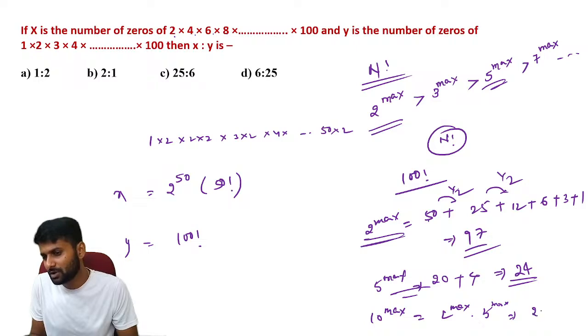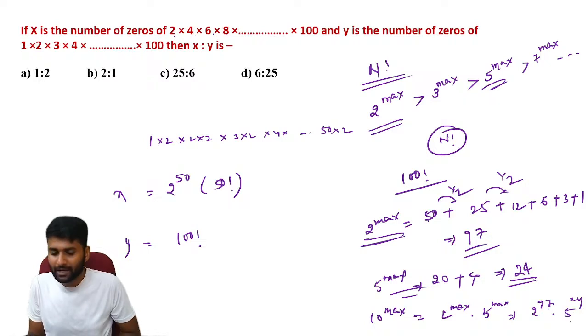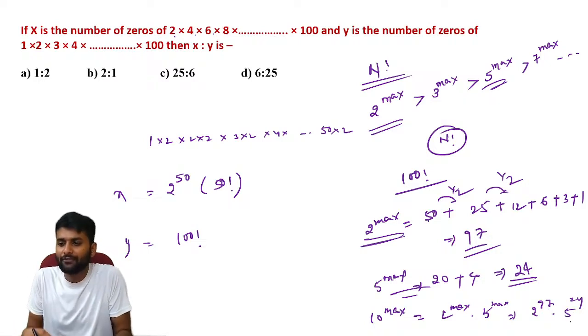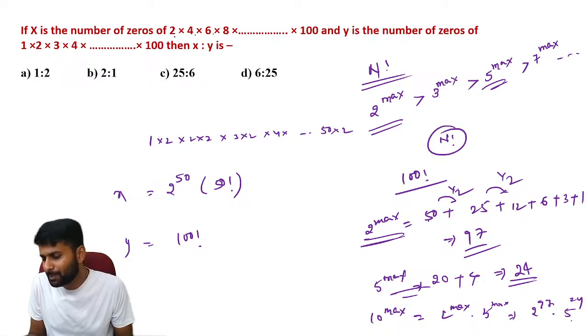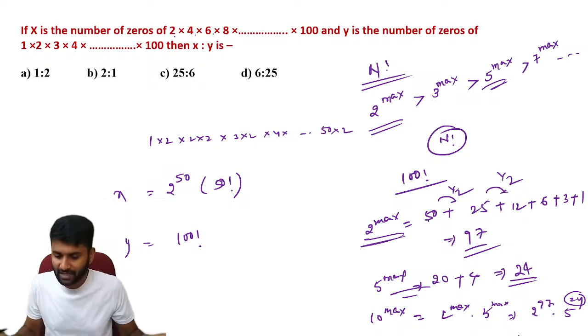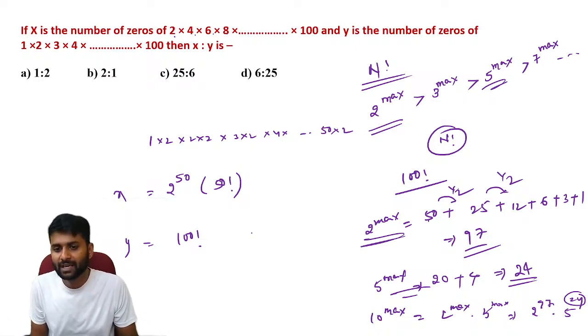Here the 2 maximum is 2 power 97, and the 5 maximum is 5 power 24. But according to the question, we need 2 and 5 together. While we place them together, out of the powers, consider the minimum value. That's why the number of zeros depends on the number of 5's. Here the number of 5's is exactly equal to 24.